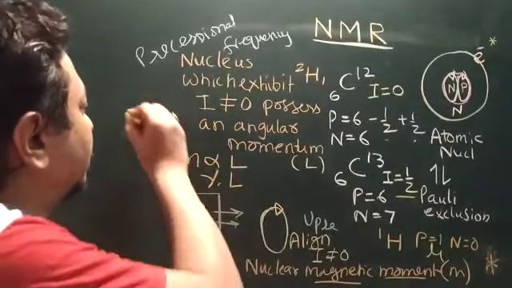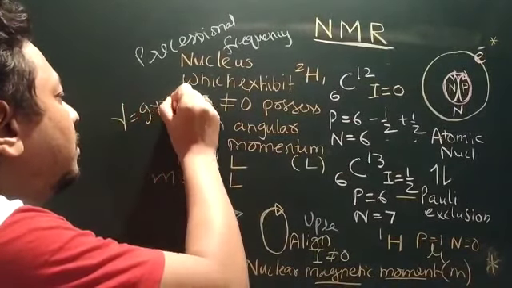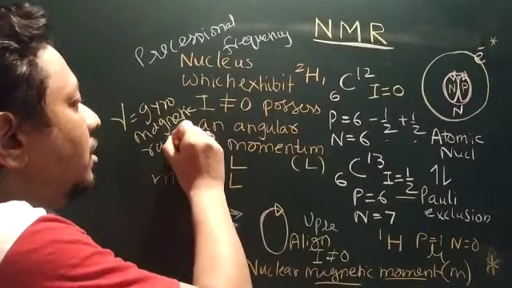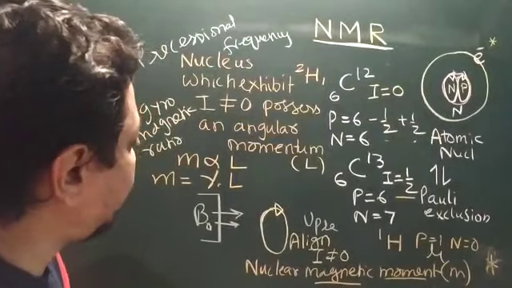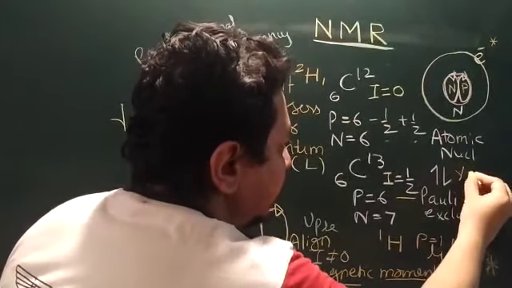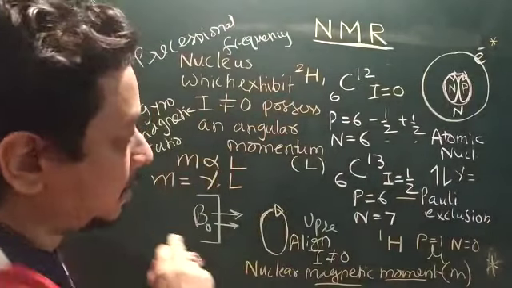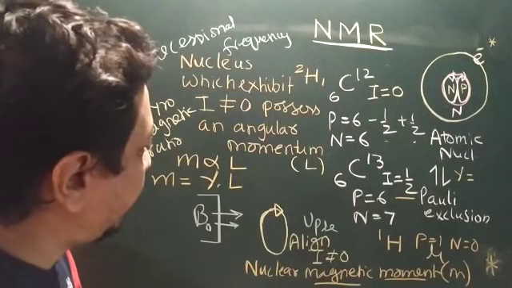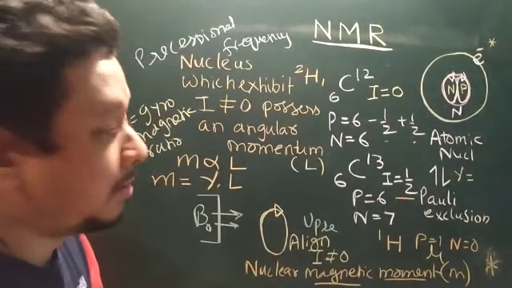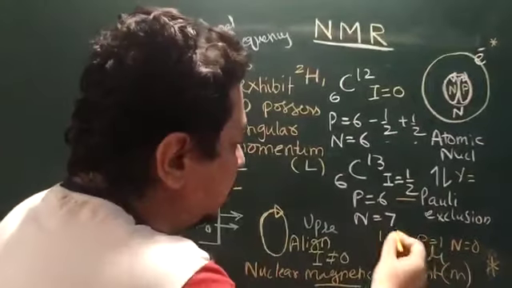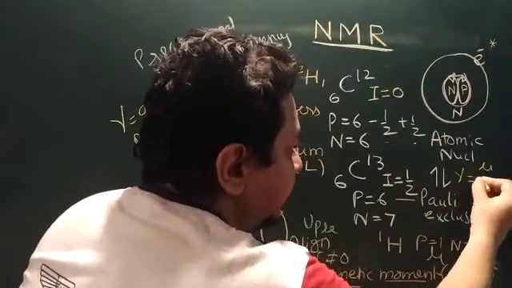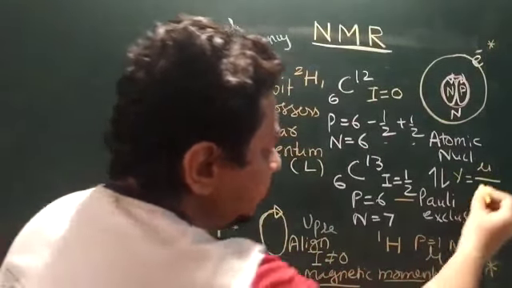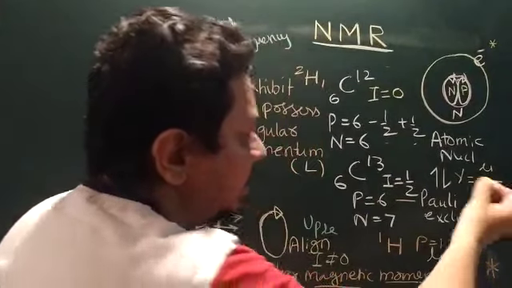Gamma is known as the gyromagnetic ratio. Normally the gyromagnetic ratio, gamma, is equal to M upon L. So the gyromagnetic ratio is the ratio between the nuclear magnetic moment and the nuclear angular momentum. That's a very important term. Normally mu is the representative term for the nuclear magnetic moment, and L can be converted into I into h, the spin quantum number.